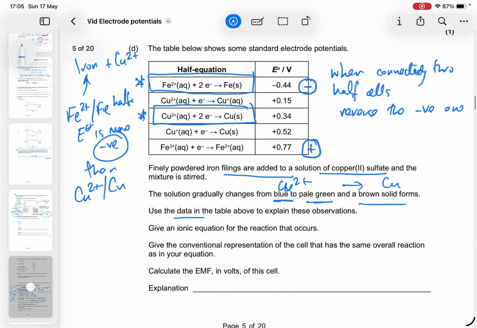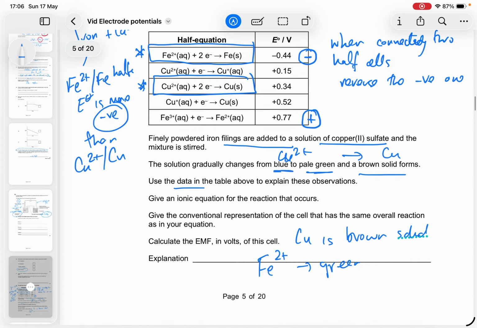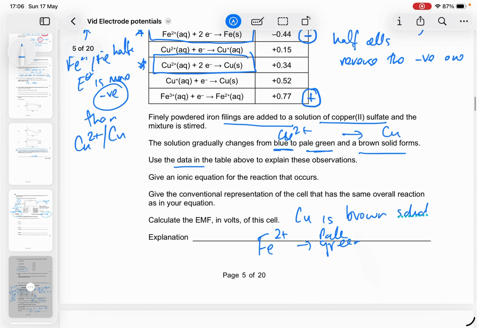Okay. So what's happening here is the following. Your copper is a brown solid. Fe2 plus is green, or pale green, because we know that from our knowledge of transition metals.